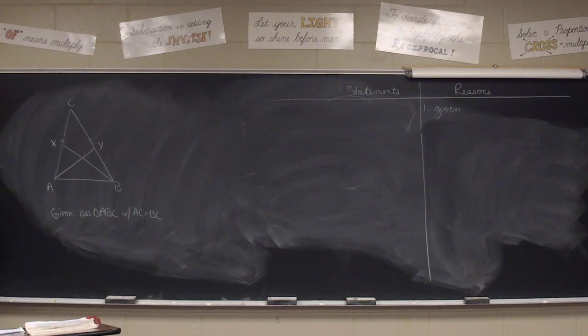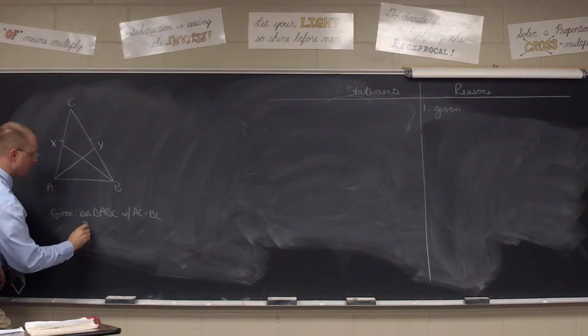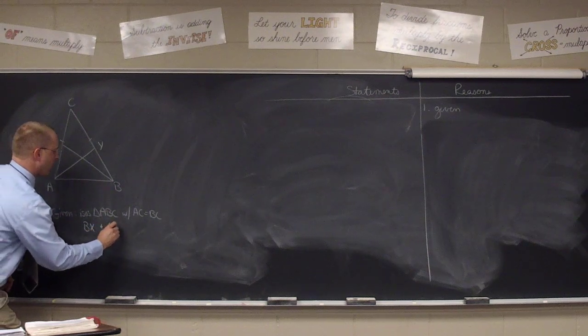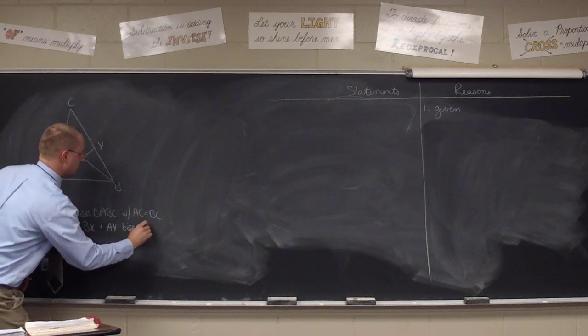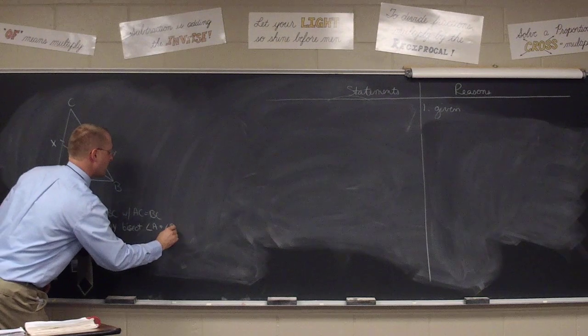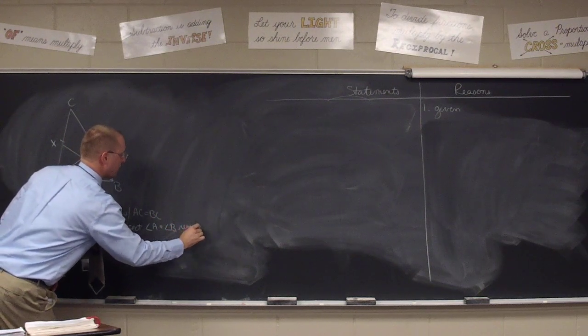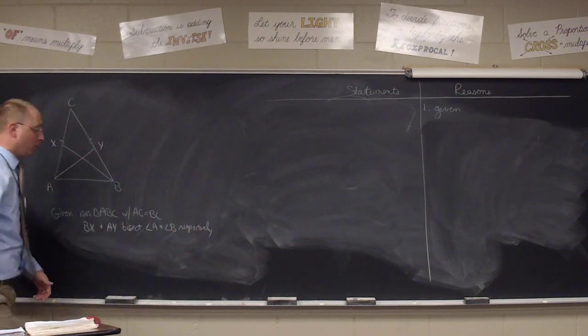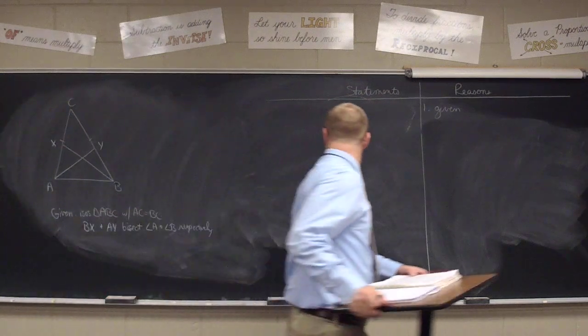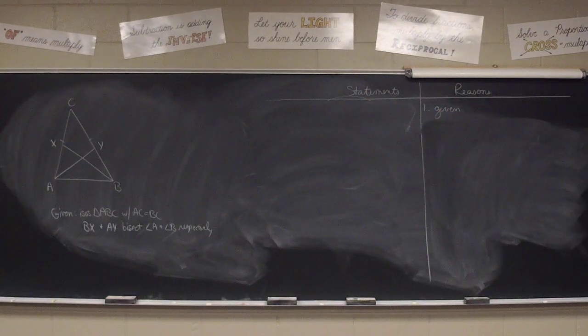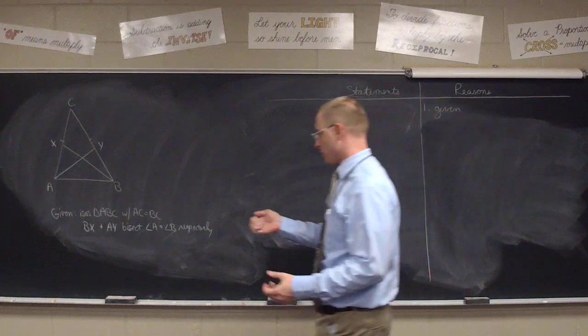Since I drew them, I'm going to state them in the given. BX and AY bisect angle A and angle B, respectively. Or if you don't want to use the word respectively, you can say BX bisects angle B, AY bisects angle A, and that works too.